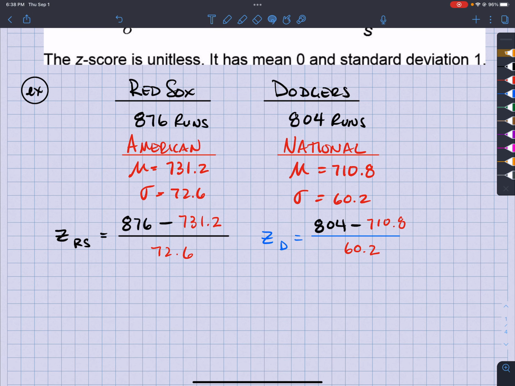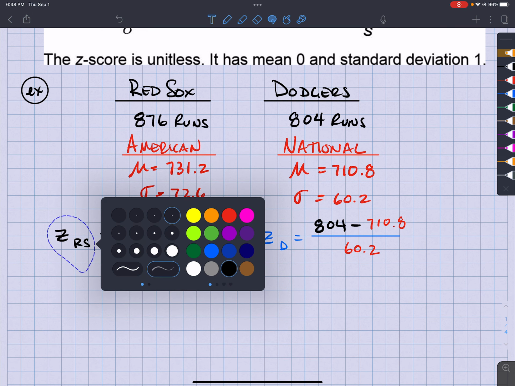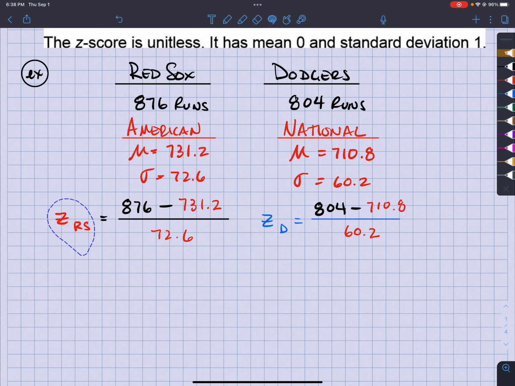And I feel like I should do the Red Sox in red for some reason. So the Z-score for the Red Sox came out to be 1.99, and the Z-score for the Dodgers came out to be 1.55.